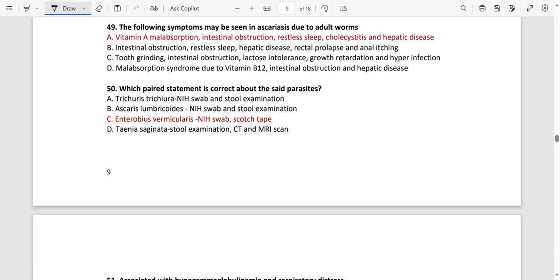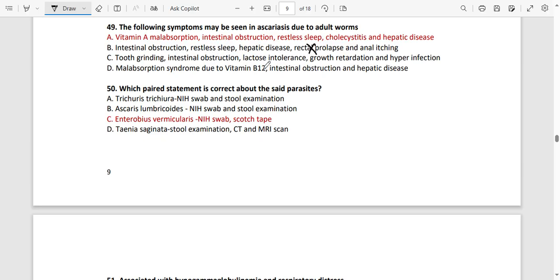Following symptoms may be seen in Ascaris due to adult worms. Vitamin A malabsorption, as we said, Ascaris: vitamin A malabsorption, intestinal obstruction, restless sleep, cholecystitis, and hepatic disease. And then B is saying intestinal obstruction, restless sleep, hepatic disease, rectal prolapse.